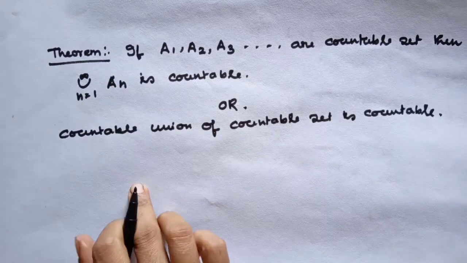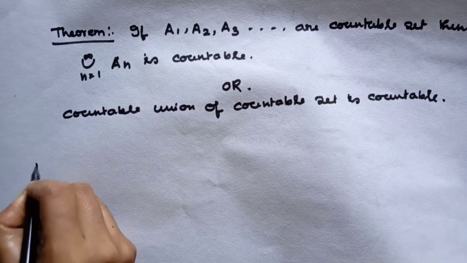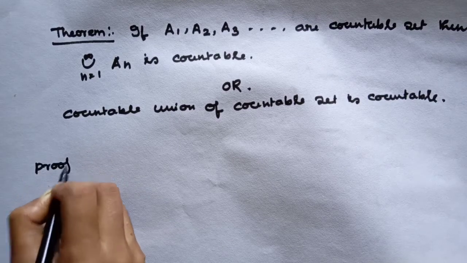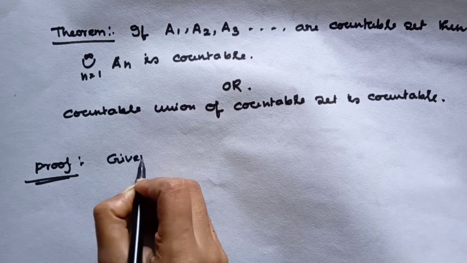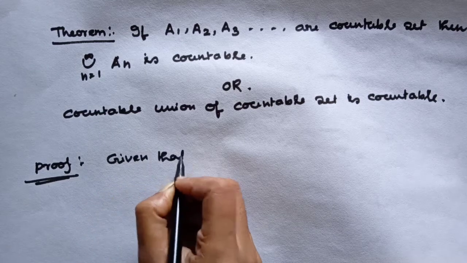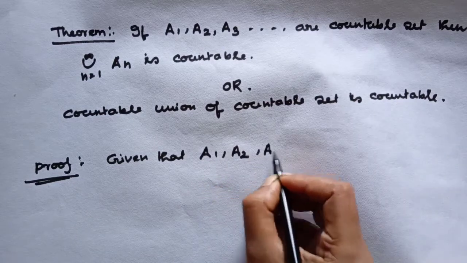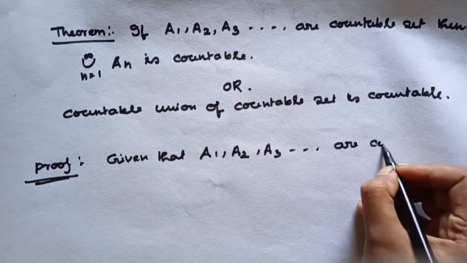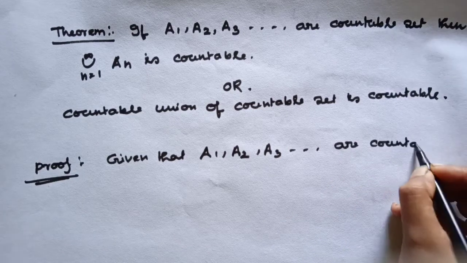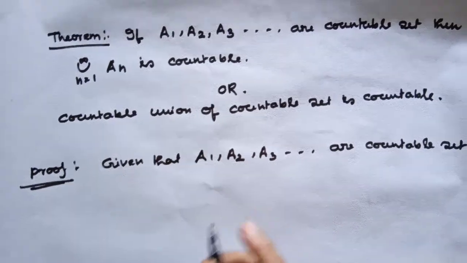Have you understood? Okay, let's see the proof. Given that A1, A2, A3 are countable sets. Have you understood? Okay.